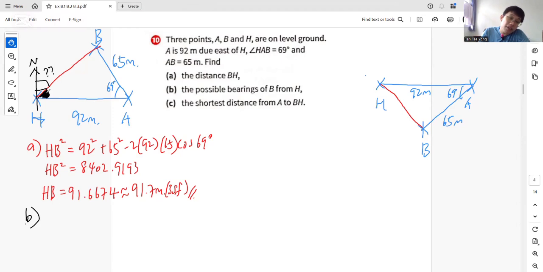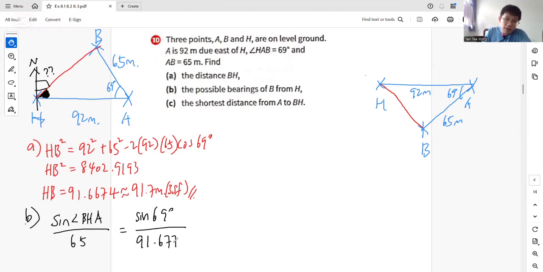So how do we find out the angle here? We can do the sine rule. Sine angle BHA over 65 equals sine 69 degrees over HB, which I found in part A, 91.6674.